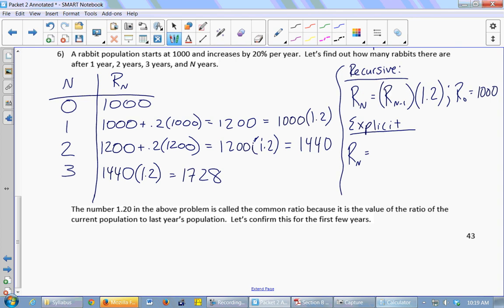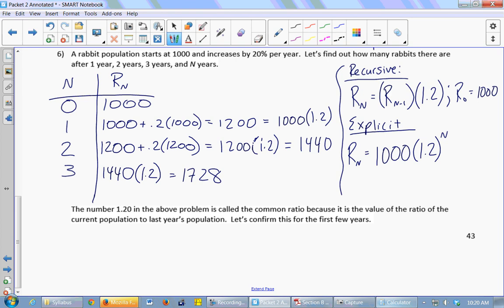A power. So I'm going to start with 1,000, and then multiply by 1.2 over and over again, so I would raise it to the n. That is the explicit formula for the number of rabbits in year n.